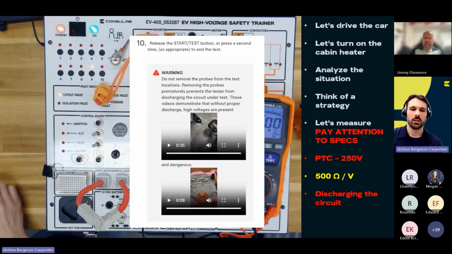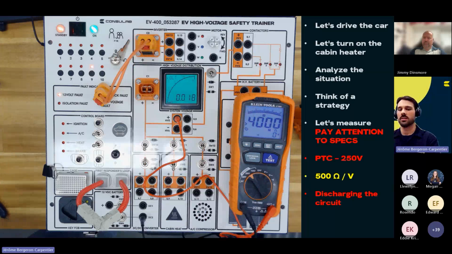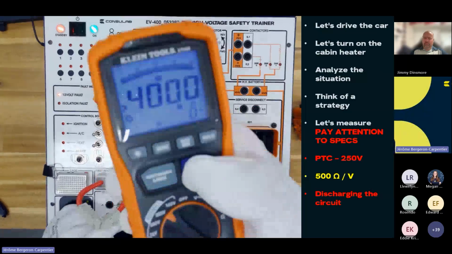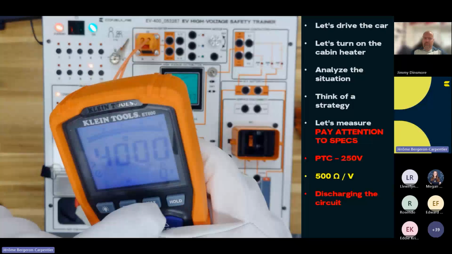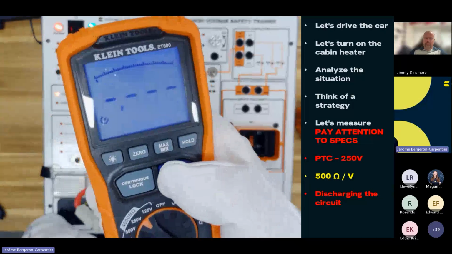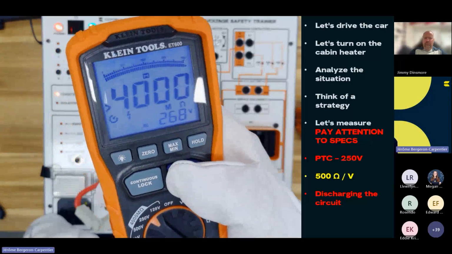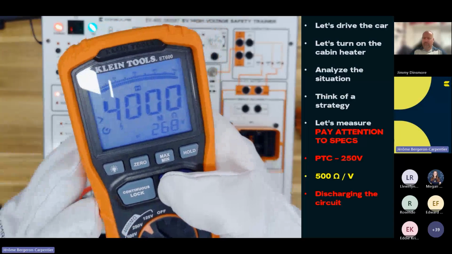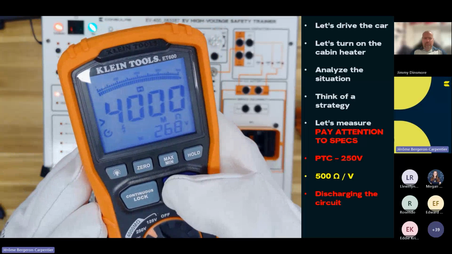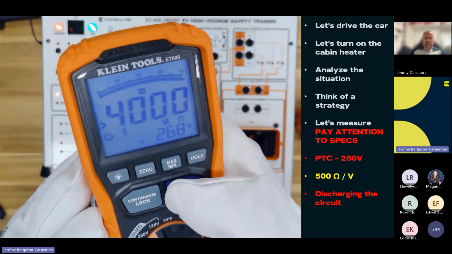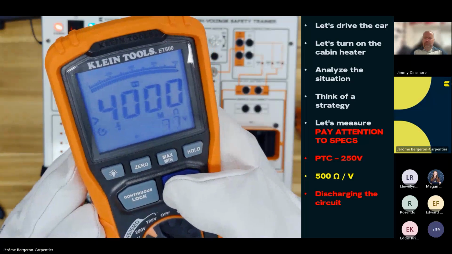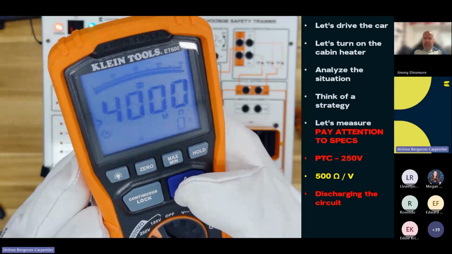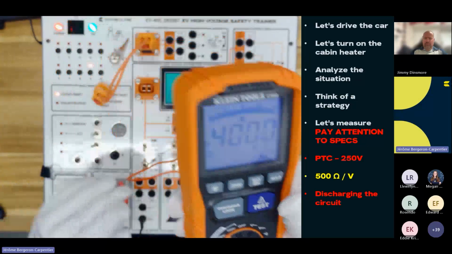To prevent that, and this is why this meter is really good, we can press and hold the button, and we're going to see the voltage ramping up here. So we are about 268. If I release the test button, we're going to see the voltage dropping till 0. So now I can unplug my probe.